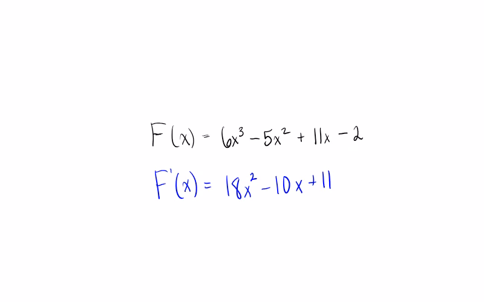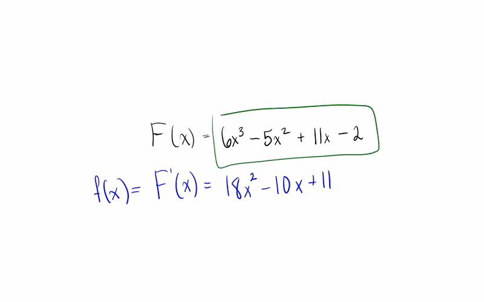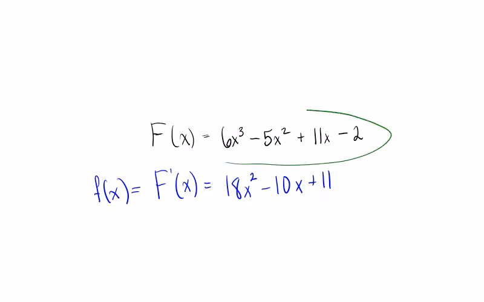And so this function here would be the derivative of this function. And let's say that I called this function just regular f of x. Then this function here would be the antiderivative of this function. So it's basically like undoing the derivative, right?